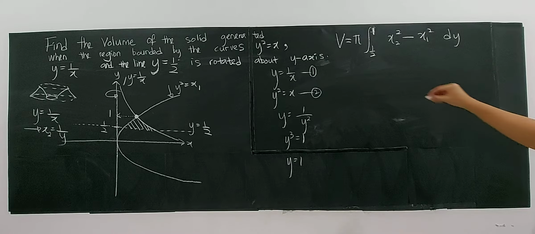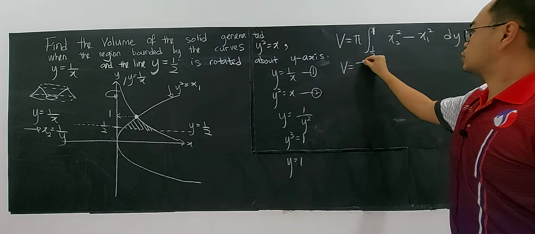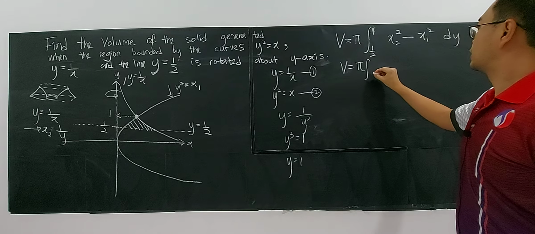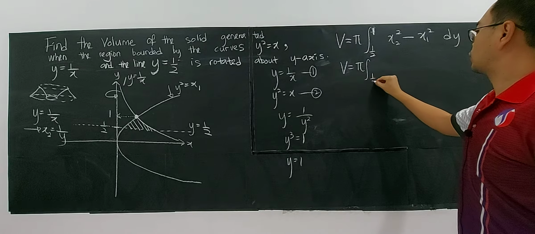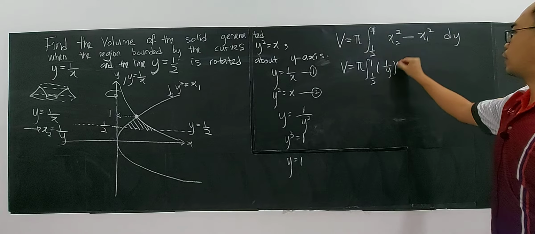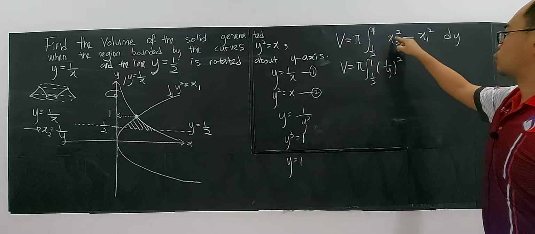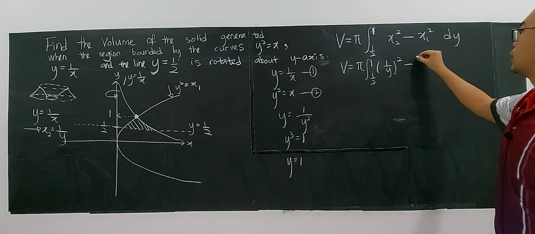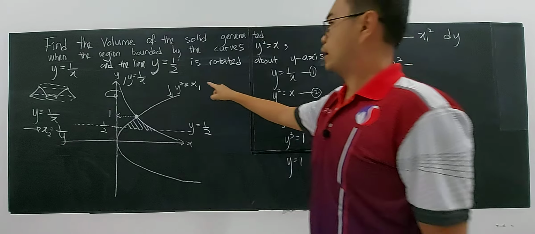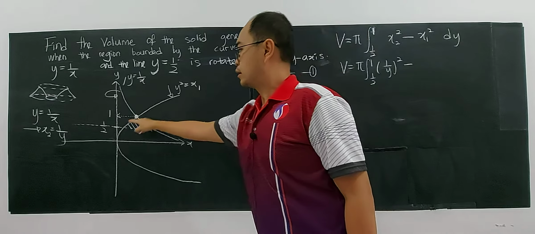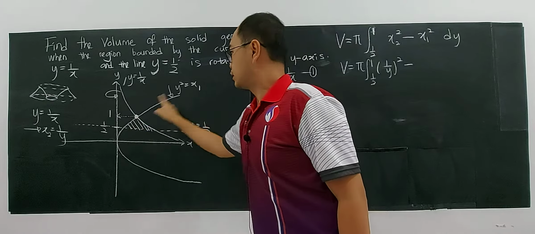So I have pi times the integral from 1 over 2 to 1 of x2 squared, where x2 is 1 over y, squared, minus x1 squared, where x1 is y squared, so you have to square again.